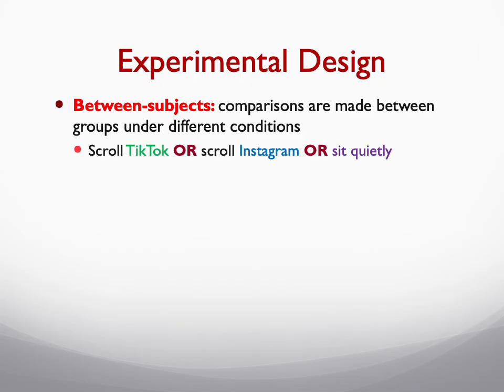So for example, those who scroll TikTok, or those who scroll Instagram, or those who sit quietly. I'm going to compare these groups. Each person in my study has only done one of these things and not the other two things. And this is good because it's going to avoid issues with like fatigue, with sensitization. I'm not observing you in each of these different situations. I'm just looking at you in one of these situations.